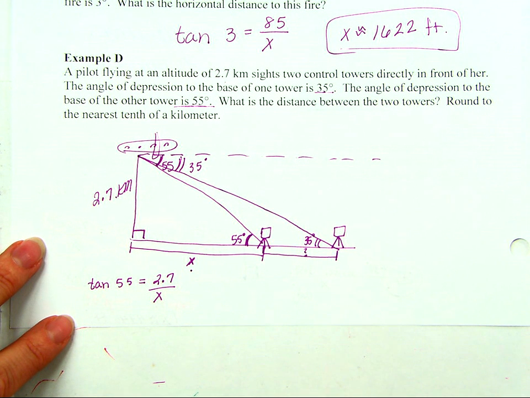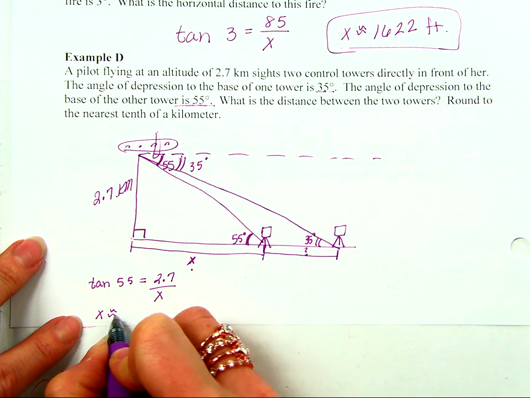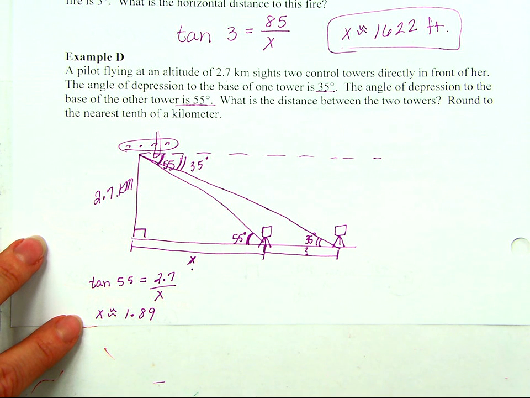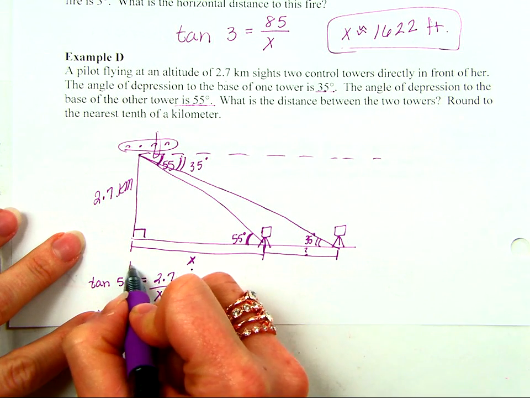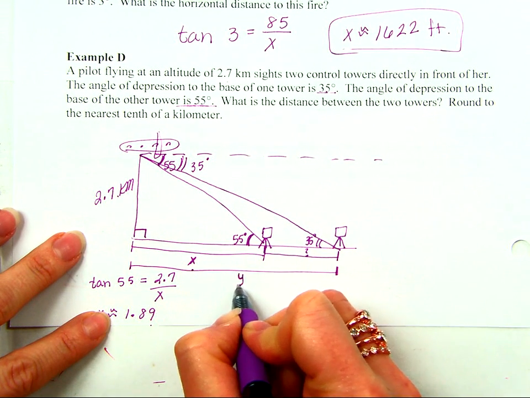I left that rounded to the nearest hundredth because I'm going to use this in a further calculation. So when I took 2.7 and divided by the tangent of 55, I wrote it to the nearest hundredth. Now, as I look at the second triangle, I'm going to be calculating y.